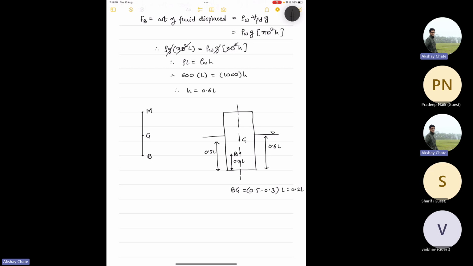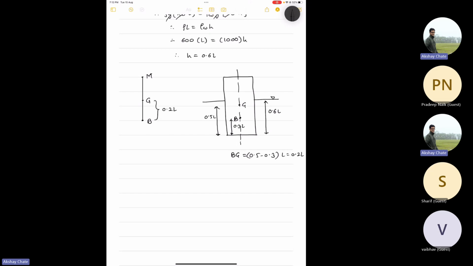So we know BG, this distance, is 0.2 L, but we don't know about M. So the metacentric height, which is BM, is typically calculated by using the formula: moment of inertia about the center axis divided by the volume of the fluid displaced.